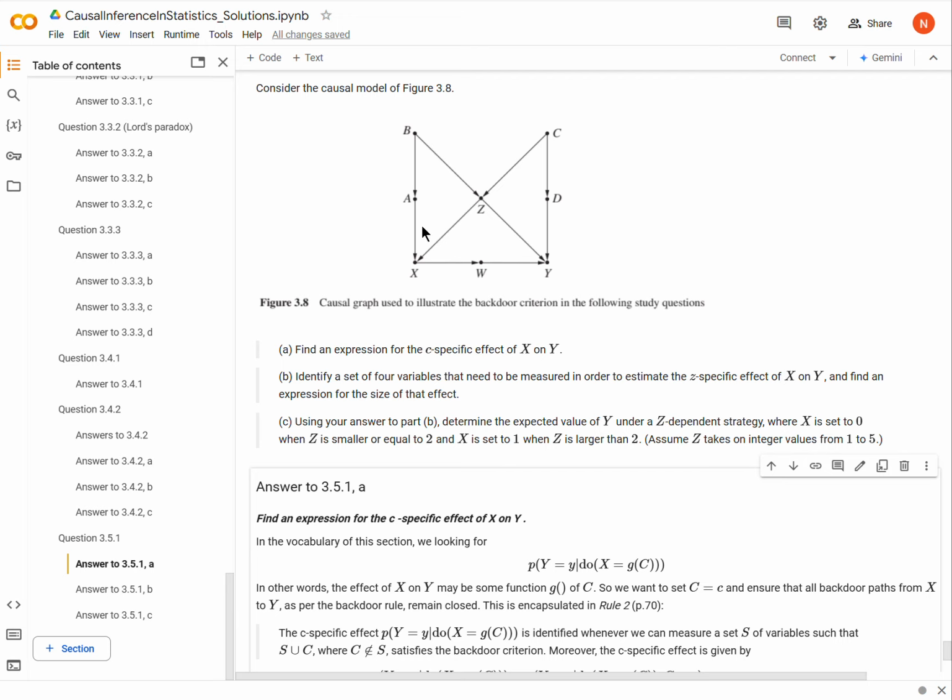So some of these paths are already blocked by C, right? Anytime that we come off of Z, C is blocking those backdoor paths.